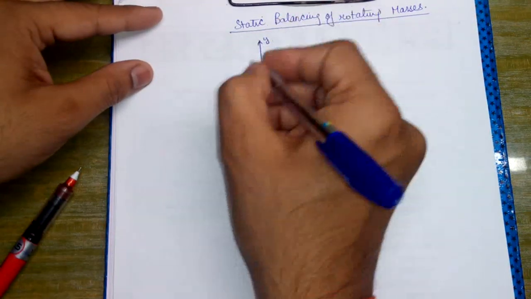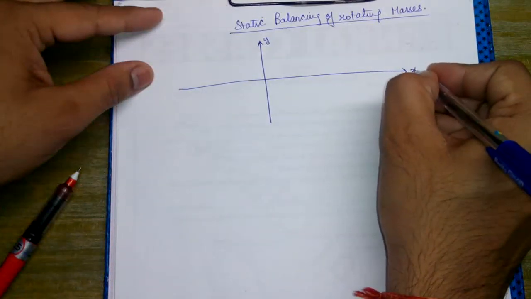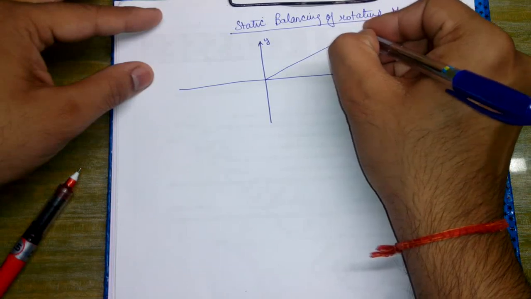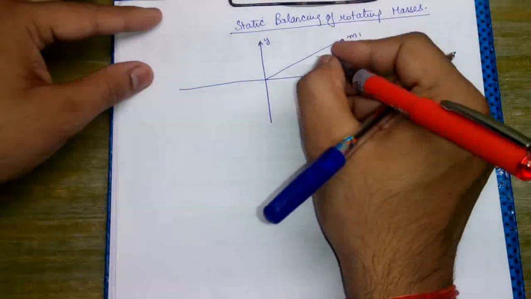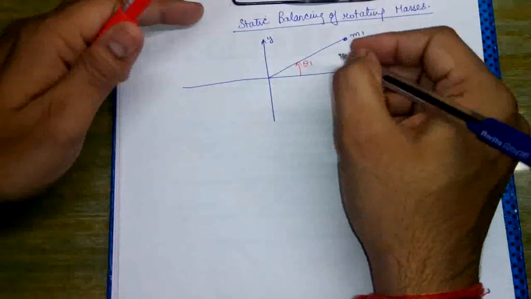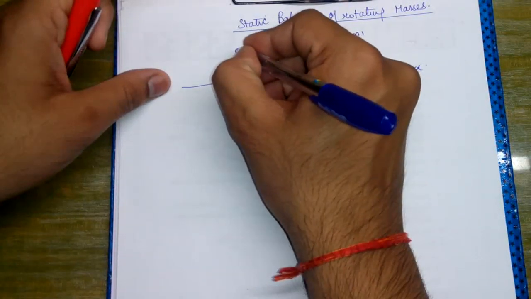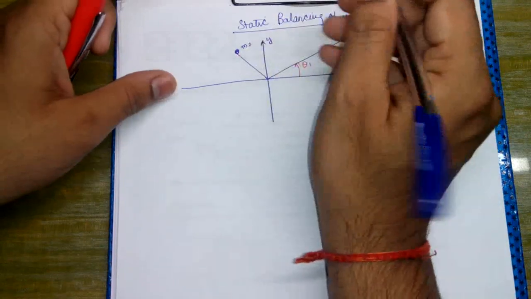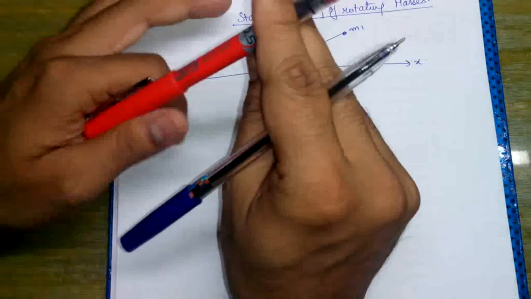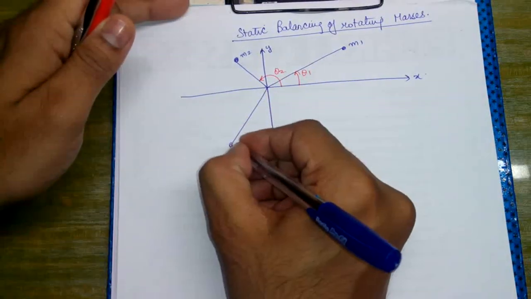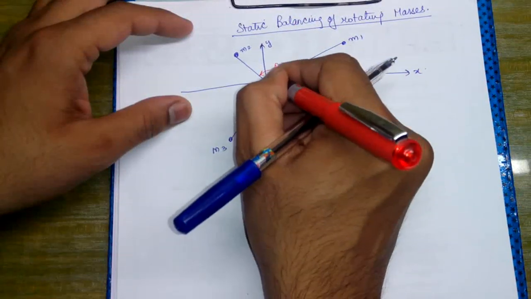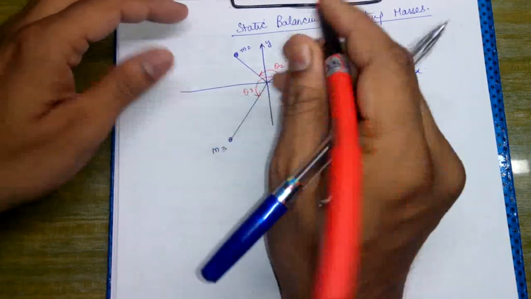Say this is the y-axis, this is the x-axis. Here we have a mass m1 such that from the horizontal axis the angle is theta 1. We have another mass m2 at an angle theta 2, and another mass m3 at an angle theta 3.